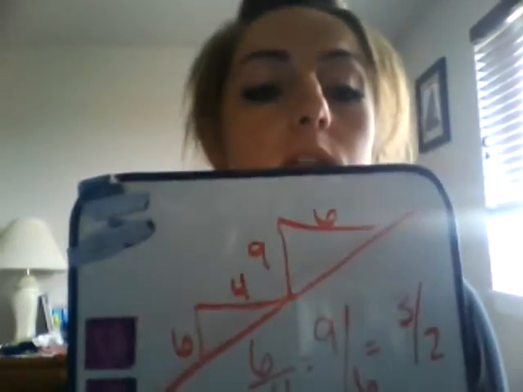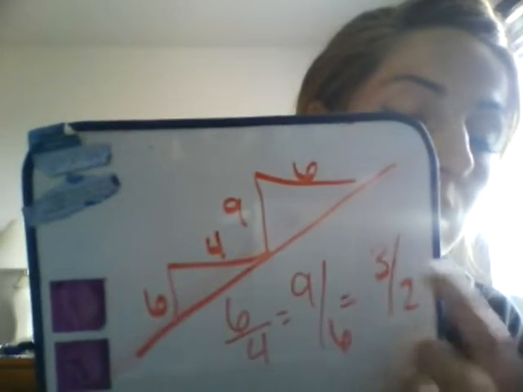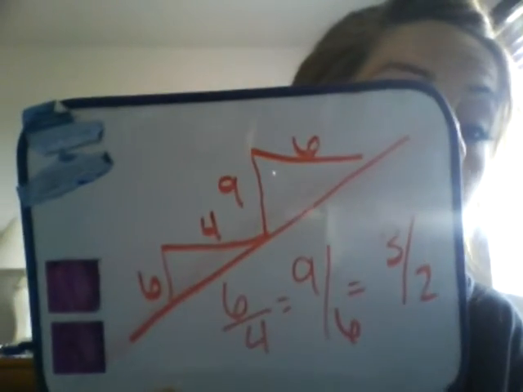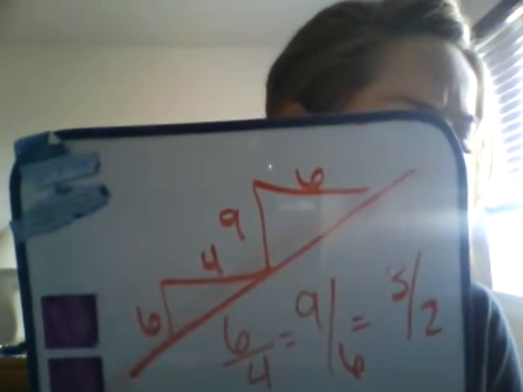So if you have 6 and 4, which is equal to 9 and 6, you can simplify that down and it'll be equal to 2 over 3. So the slope of this line, even though the triangles are different with different numbers, is the same.